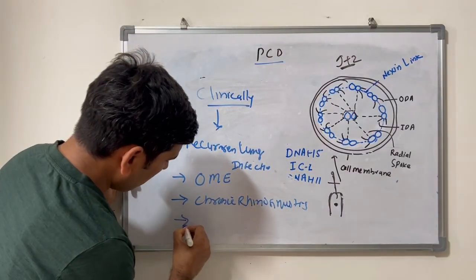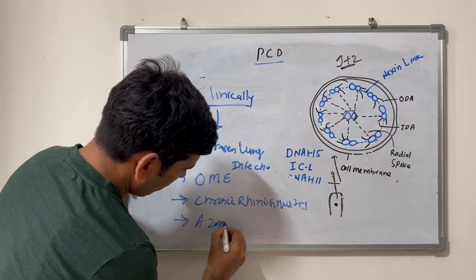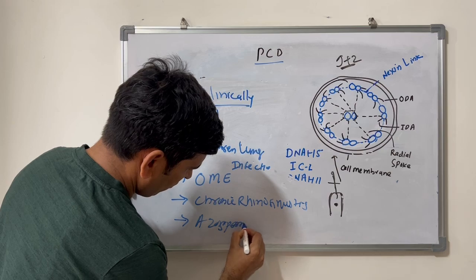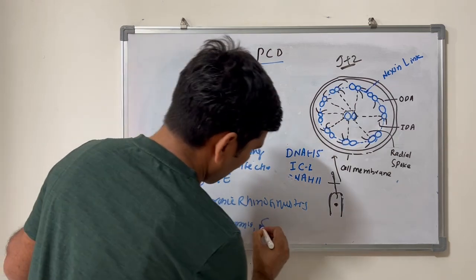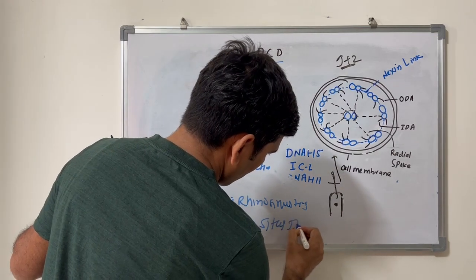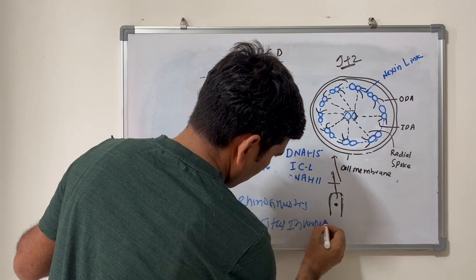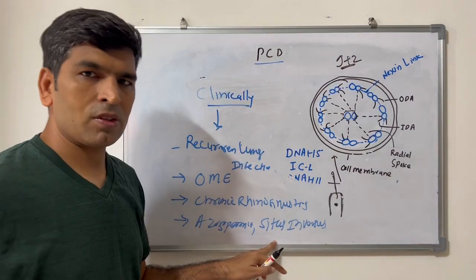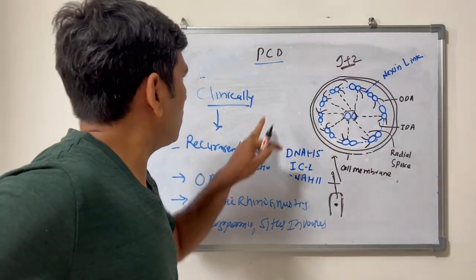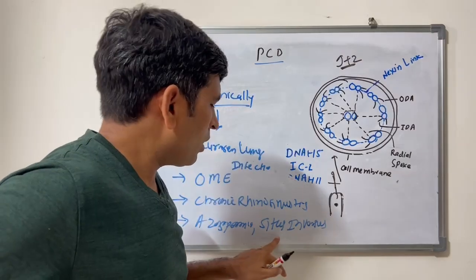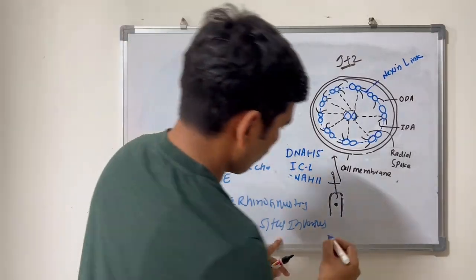They may present with azoospermia and situs inversus. If situs inversus is associated with PCD, that is called Kartagener syndrome.